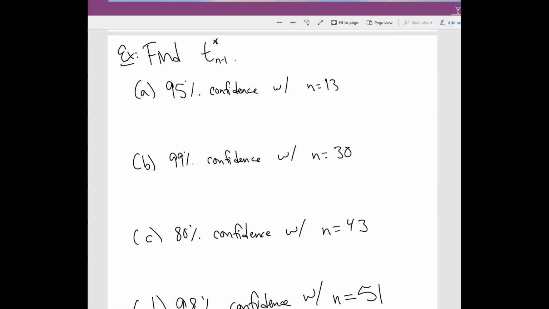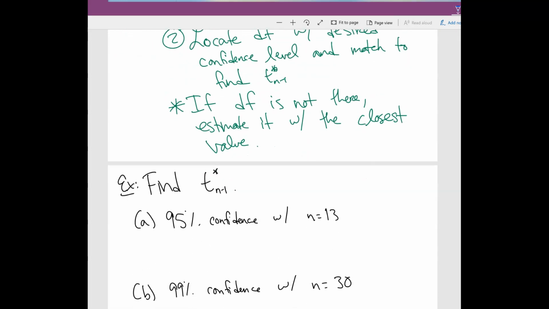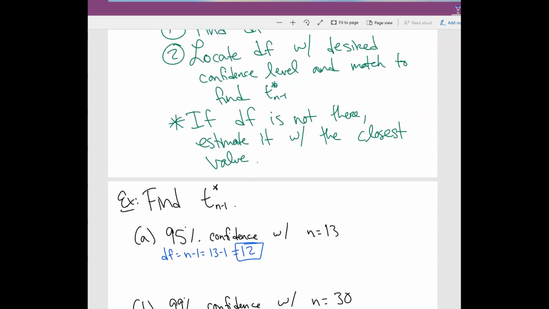If we look at our directions, the first thing to do is find the degrees of freedom, which is n minus 1. In this case, it's 13 minus 1, which gives me 12. That's my degrees of freedom. The next step is to locate the degrees of freedom with the desired confidence and match to find T star n minus 1. We want 95% confidence and degrees of freedom of 12.